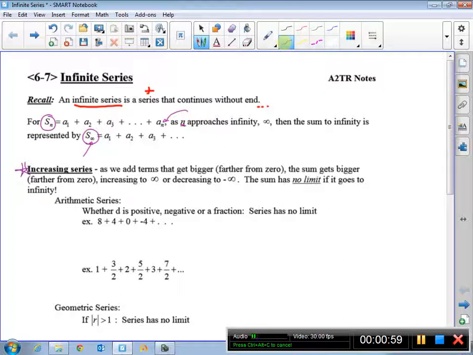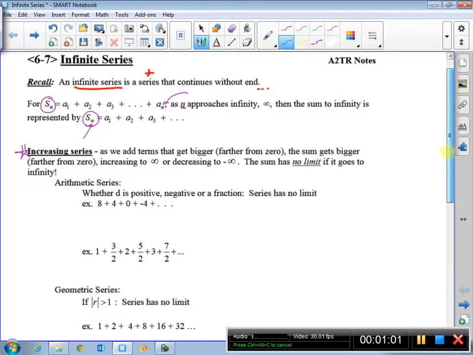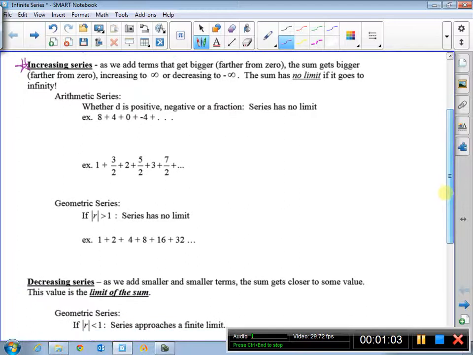So we're going to look at two different things. We're going to look at increasing series, and we're going to look at decreasing series down here. First, increasing series. As we add the terms that get bigger, the increasing series means the terms are getting bigger and bigger and bigger. They're actually getting farther and farther from zero.